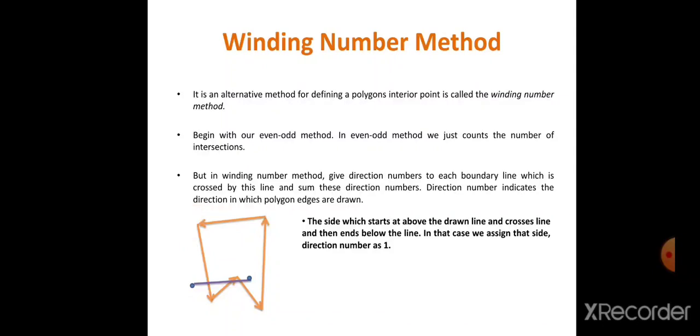After joining the line, we will find out the line which crosses this line. Which is the line crossing? Here you can see the line is changing color, right. So, that line we have to see. If the side of this line starts above the drawn line, yes, this line is started from this point, right, which is above the drawn line.